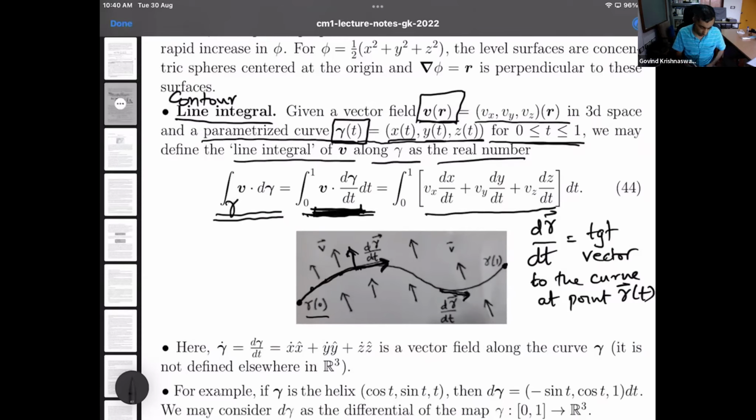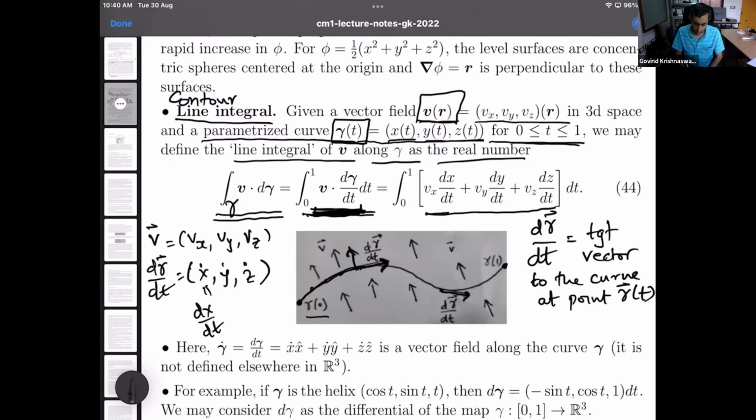So V is of course some Vx, Vy, Vz, and I dot that with d gamma dt, which should be the triple x dot, y dot, z dot, where each of these is differentiation with respect to time. So the dot product will give you Vx dx dt plus Vy dy dt plus Vz dz dt.